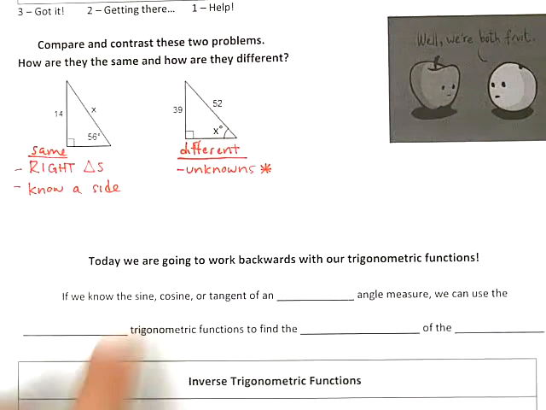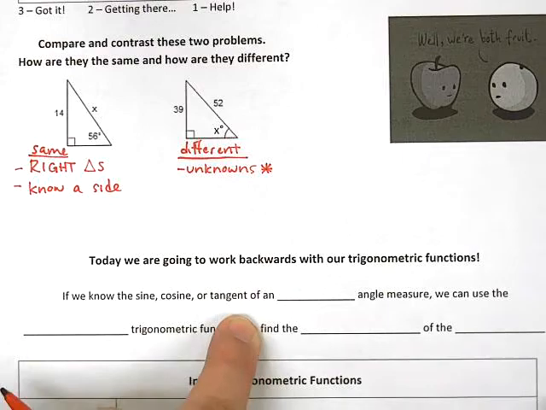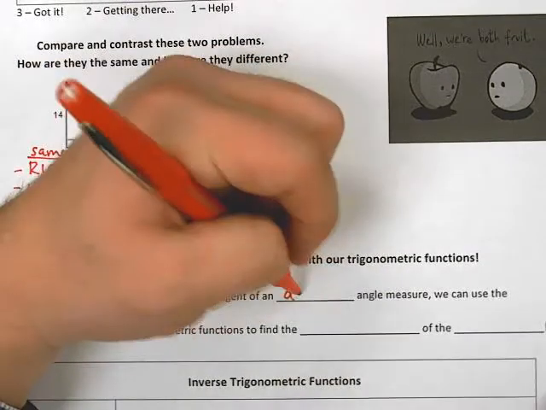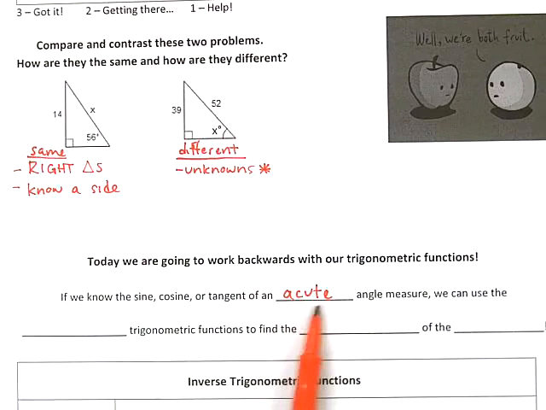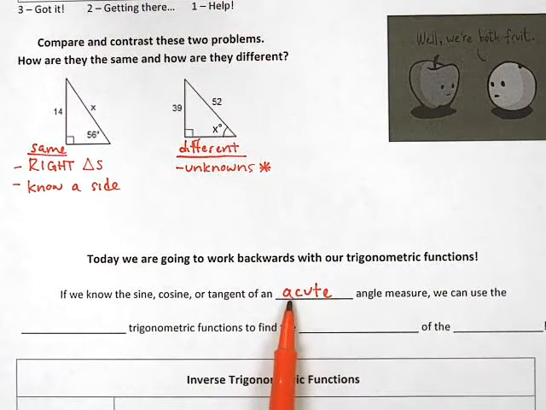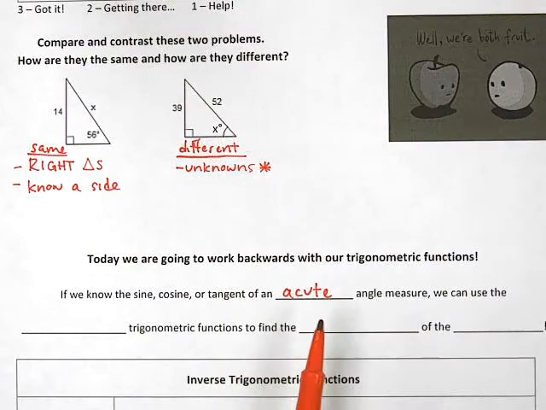If we know the sine, the cosine, the tangent of an acute angle measure, don't freak out too much about this. Everything we give you is going to be acute, so don't worry too much about that.